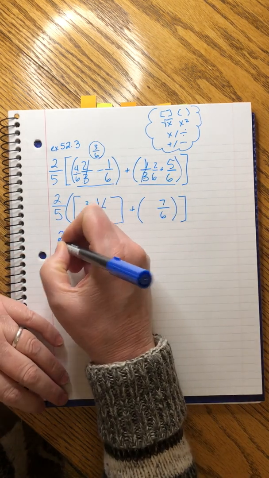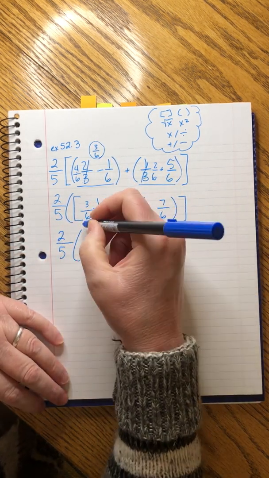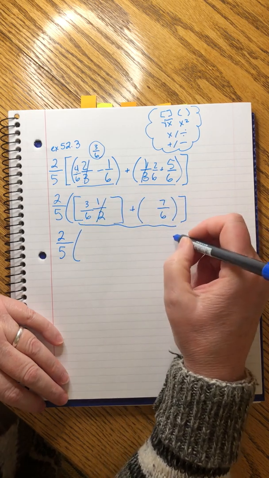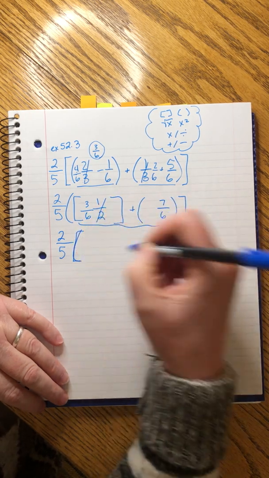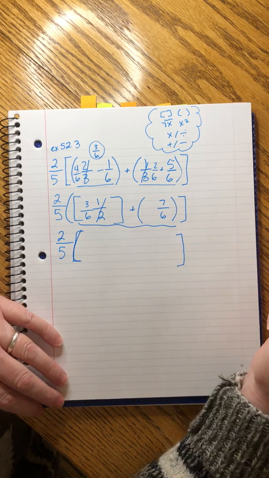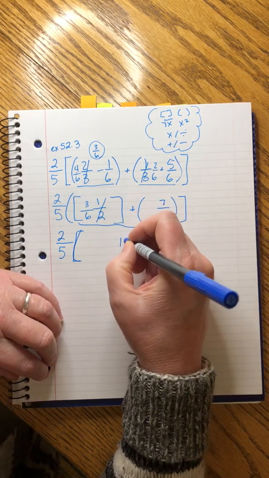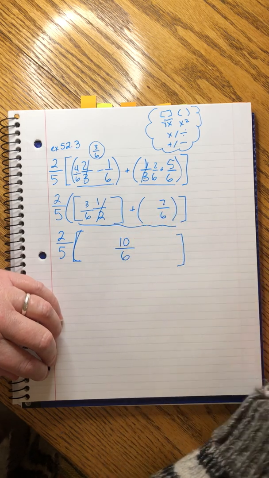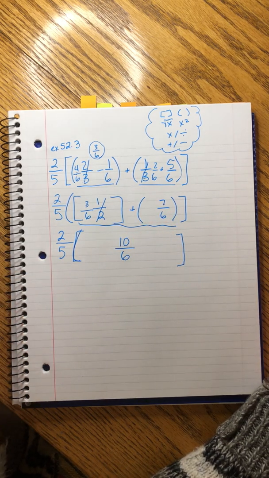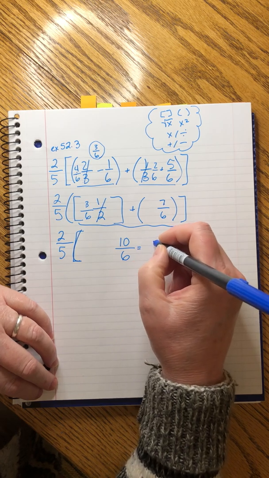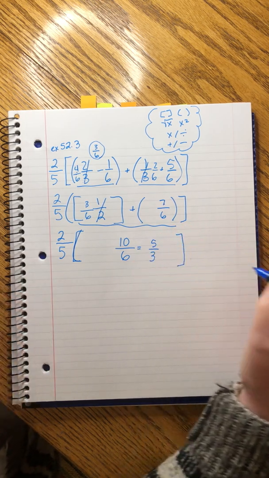Okay, so now we're ready to actually add these two together, right? Oh, this should be squared. Sorry, I'm just going wild with this. 3 plus 7 is 10/6. And this, we could reduce to what? 5/3, right?